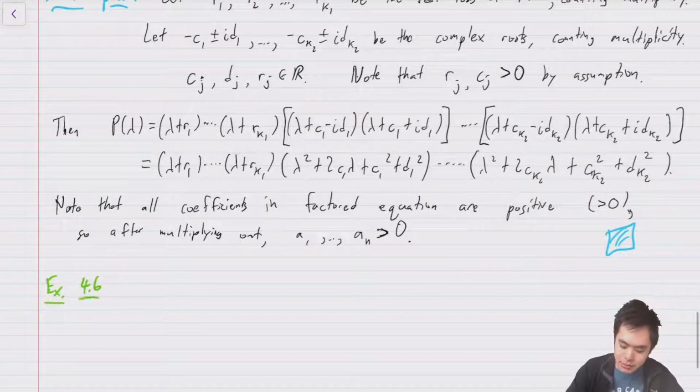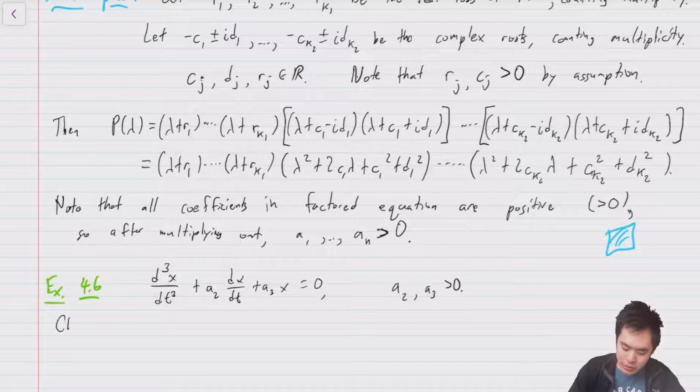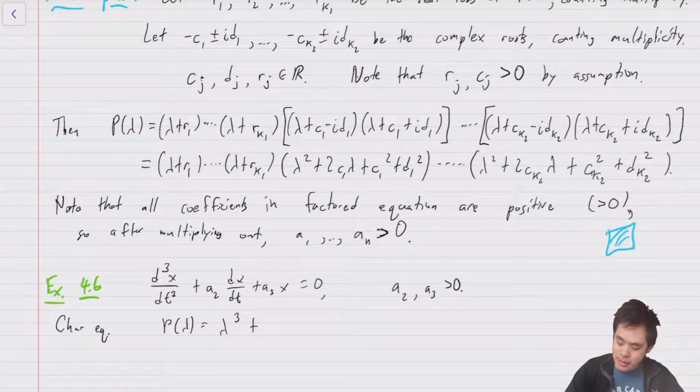Let's say this is example 4.6. Suppose you start out with d cubed x dt cubed plus a2 dx dt plus a3 x equal to 0, where a2 and a3 are greater than 0. If you write out the characteristic equation, you get p of lambda equals lambda cubed plus a2 lambda plus a3 equals 0.